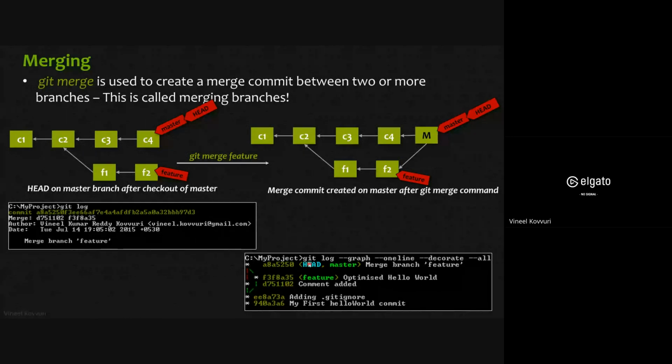We can do this merge command and then merge the changes. Now, that's not the only way to get the changes from your feature branch. There is slightly another way to get those changes, right? So we call that feature rebase. Rebase is the term that is used in Git to again get a similar functionality. Let's look at that.